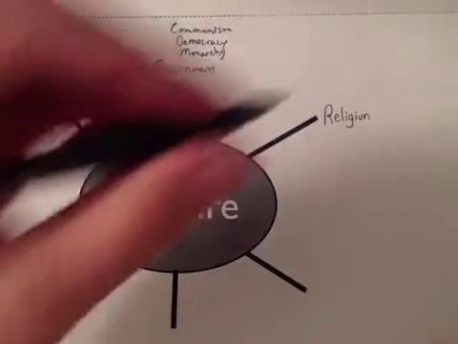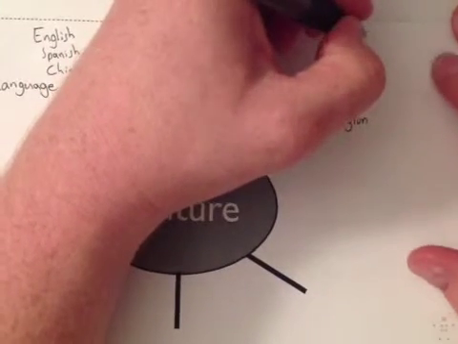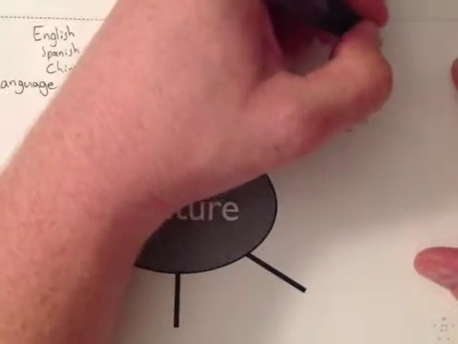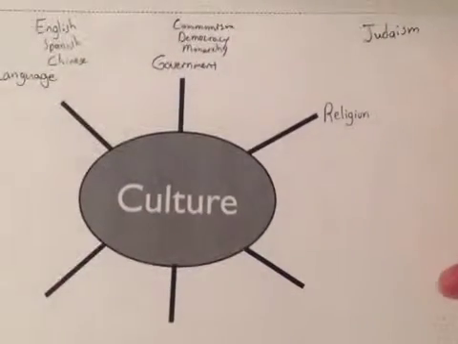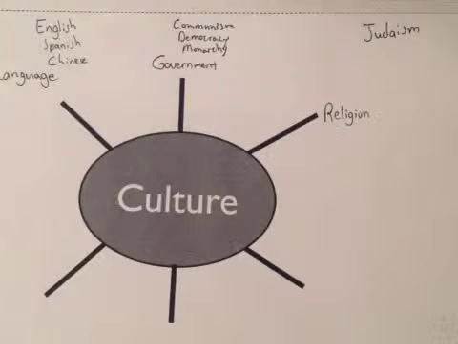One example of religion that we're going to look at is Judaism. That is the religion that is in the Middle East, in Jerusalem. We're going to see a lot of people in the first part of the Old Testament. These are talking about the Jewish people.